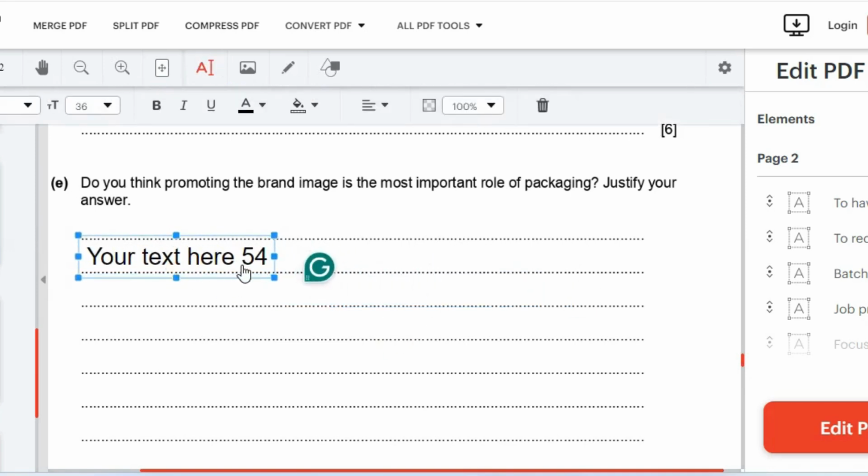The first point here is packaging might attract customers.